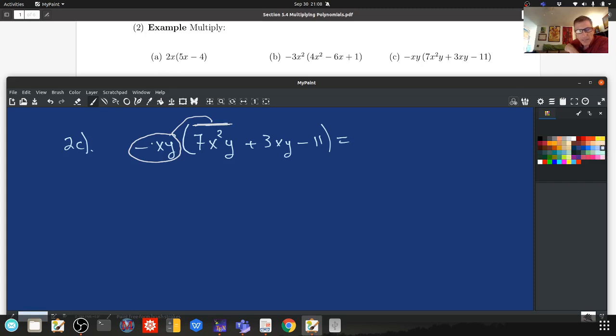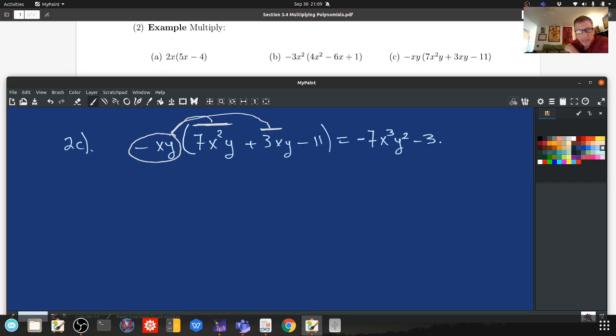So minus 1, remember this is minus 1 times 7 is minus 7. X times x squared is x cubed. Y times y is y squared. Minus 1 times 3 is minus 3.